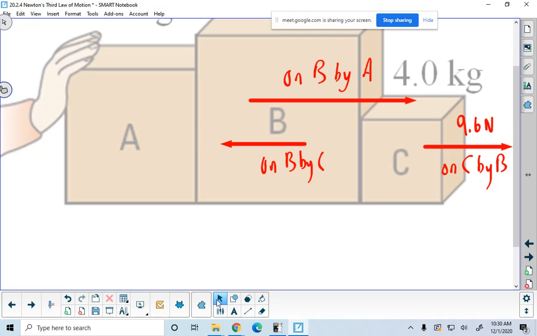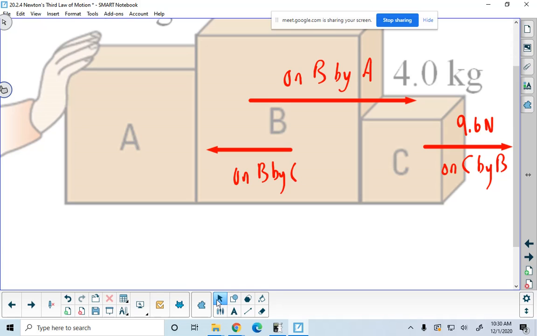This is confusing. What we're saying is that 9.6 newtons of force that we found on C by B means there's 9.6 newtons of force on B by C to the left.